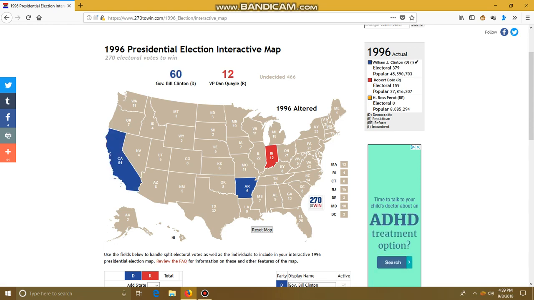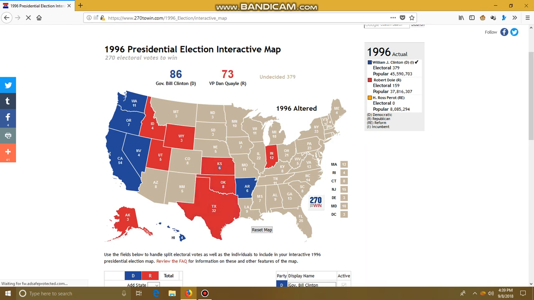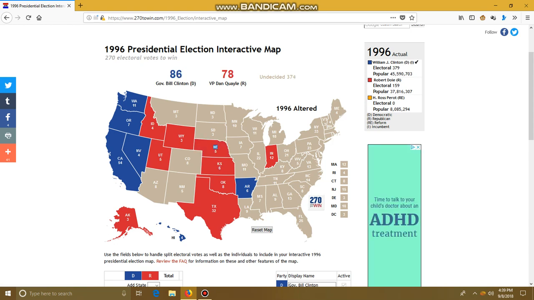California, Oregon, Washington, Nevada, Hawaii, Alaska for Quayle, Idaho, Wyoming, and Utah would go for Dan Quayle. We'll go back to Arizona. Texas, I think, would also go to Quayle, as would Oklahoma, Kansas, Nebraska, and also, I'm going to say even South Dakota.